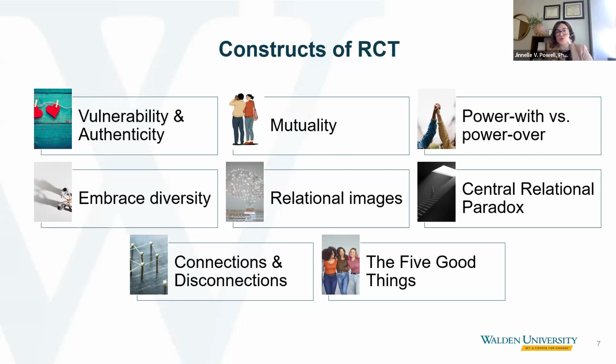Now, the central relational paradox is a place that we can find ourselves stuck within. We get into this limbo space where we are yearning for connection, but because we've experienced chronic disconnection, so not only was my high school teacher not compassionate and inflexible, but I went to college and I experienced that same dynamic with several of my faculty.